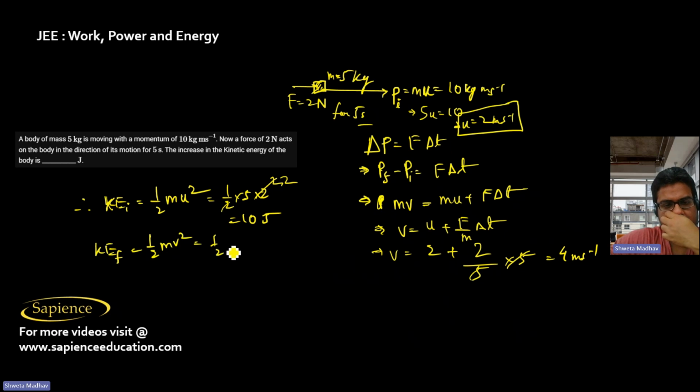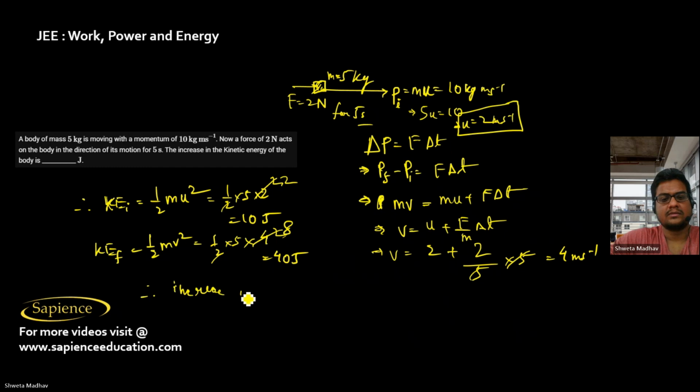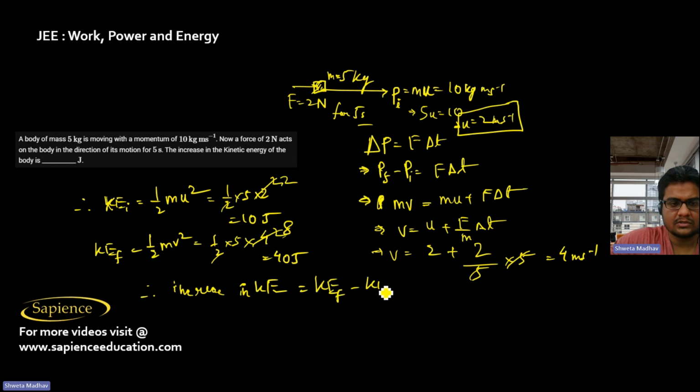So that is half into m, that is 5, into v square, v is 4. So 2 8s are 16, 5 8s are 40 joule. Therefore the increase in the kinetic energy will be equal to kinetic energy final minus kinetic energy initial. So that is equal to 30 joule. So 30 joule is the answer.